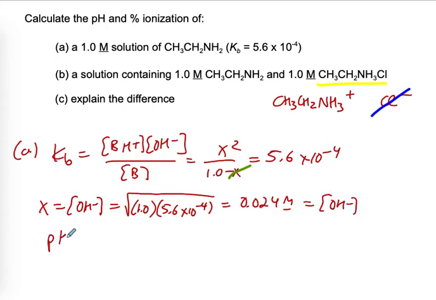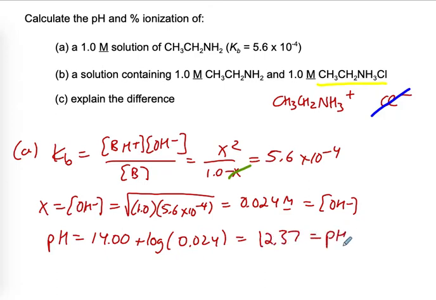My pH is 14.00 plus the base 10 logarithm of the hydroxide ion concentration, or 12.37 as my pH.